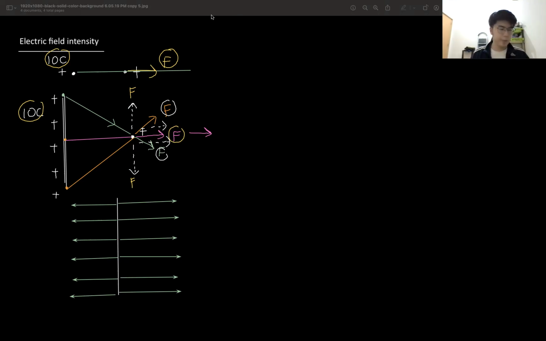Now take this one, the electric field of a line, and then we make it a sheet. First it is a line, I make it now a sheet, like a plate. Then you get two parallel plates, like a capacitor. This one all positive, this one all negative.